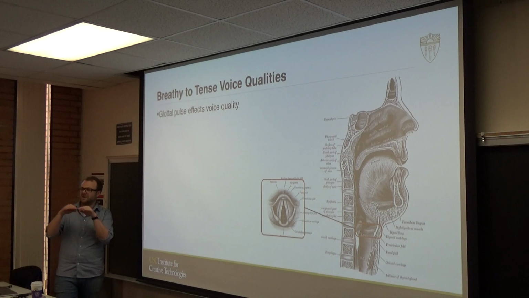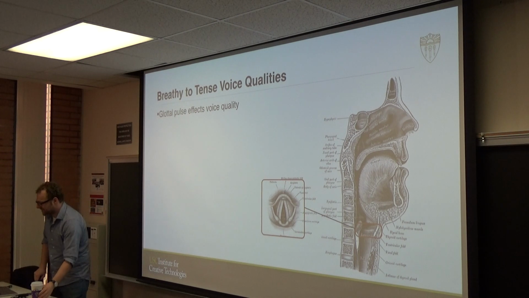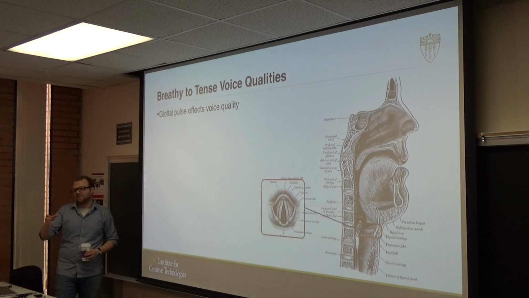So that's very, very flat. There's no modulation with respect to what you're saying. So the vocal folds are not responsible for changing the vowels or the syllables that you're saying, but they're more reflective of the pitch or the fundamental frequencies.